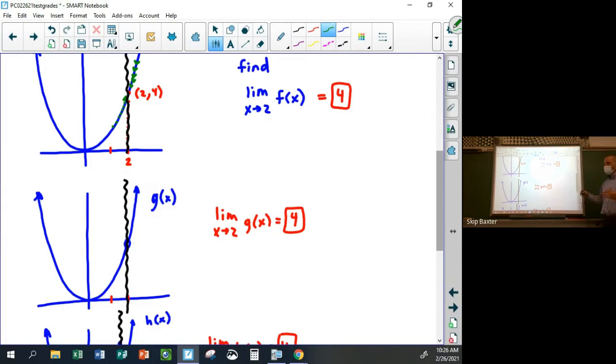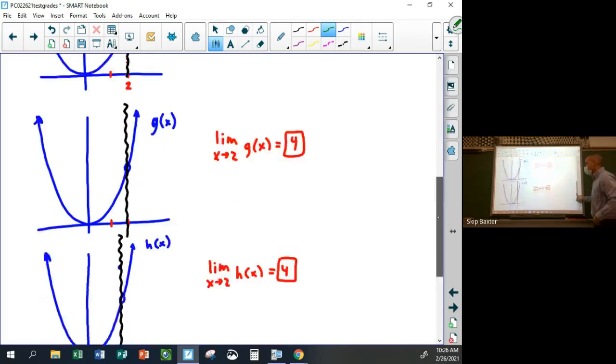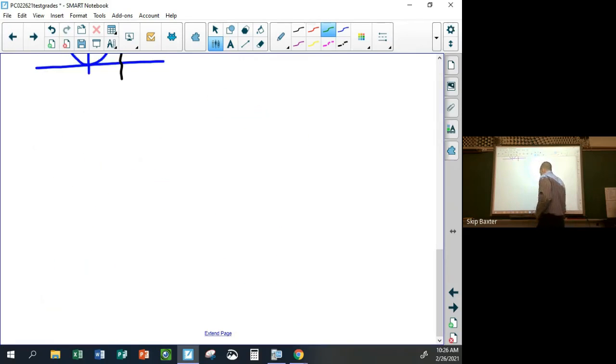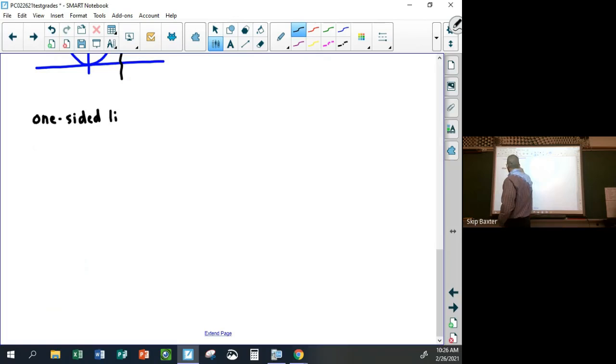You might have it going towards one y value from one direction and towards another y value from a different direction. That's possible. Those are called one-sided limits. So you can have one-sided limits where you only consider what's happening to the y values from one side, okay?